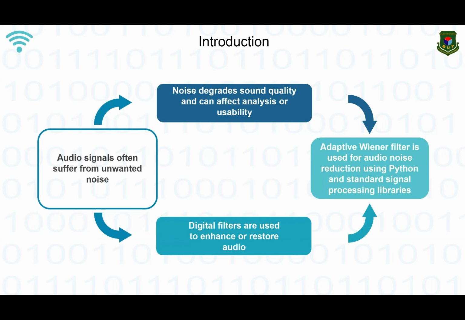In the introduction, audio signals often suffer from unwanted noises. Noise degrades sound quality and can affect analysis or usability. Digital filters are used to enhance or restore audio. An adaptive filter is used here for audio noise reduction using Python and standard signal processing libraries.